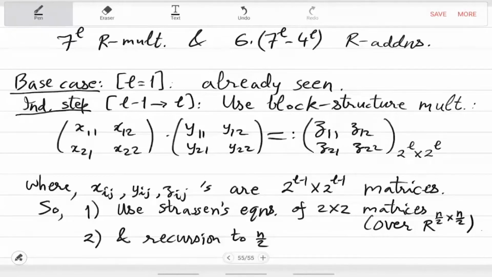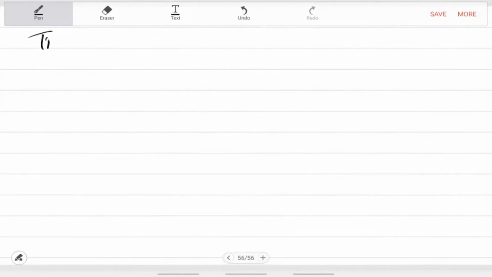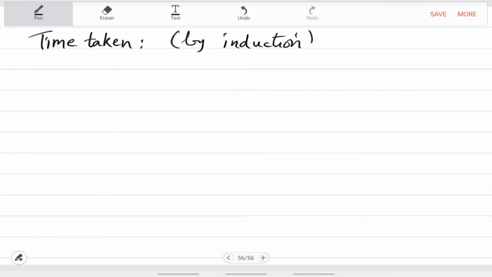So now you analyze the time complexity. So that will finish your induction step. So what is the number of R multiplications?